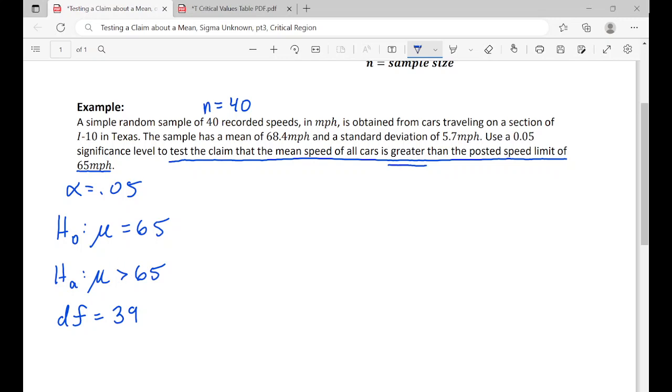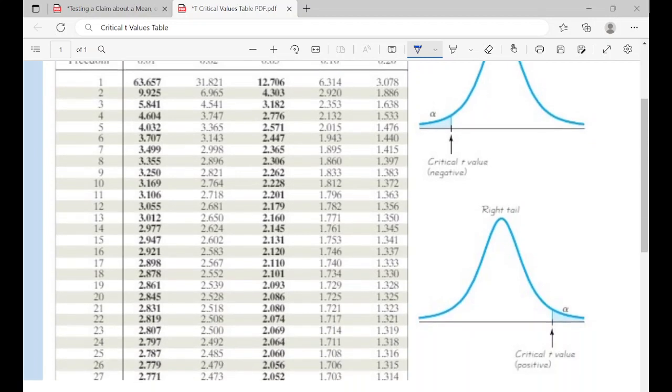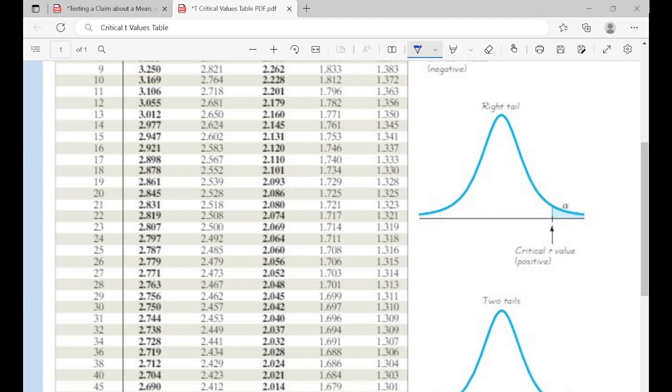So we can go to our table for our critical values here. We know it's a one-tailed test, so 0.05, fourth column, and our degrees of freedom is going to be 39. If we go down, we're going to see that it actually skips 39. It has 38 and 40, so neither is closer than the other. We see 1.686 and 1.684.